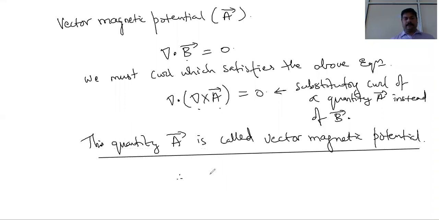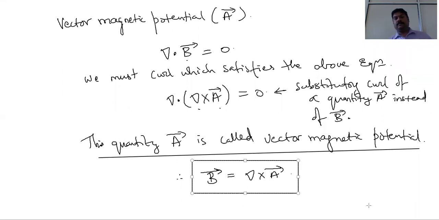So how do we get A? We get B by applying curl to A. So this is an indirect definition of vector magnetic potential. It's a quantity that, when you apply curl to it, you get magnetic flux density.